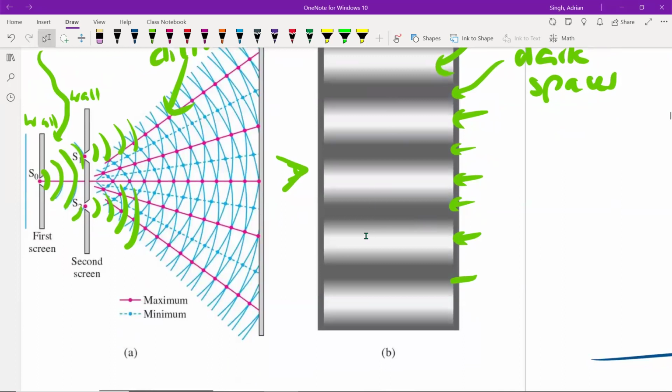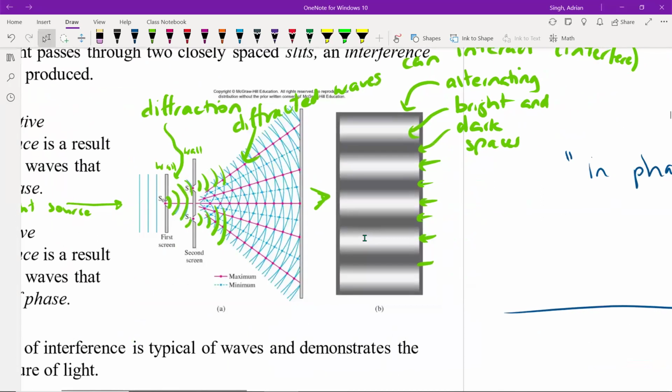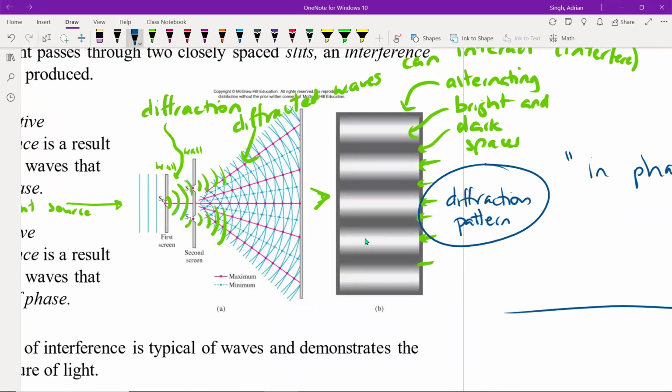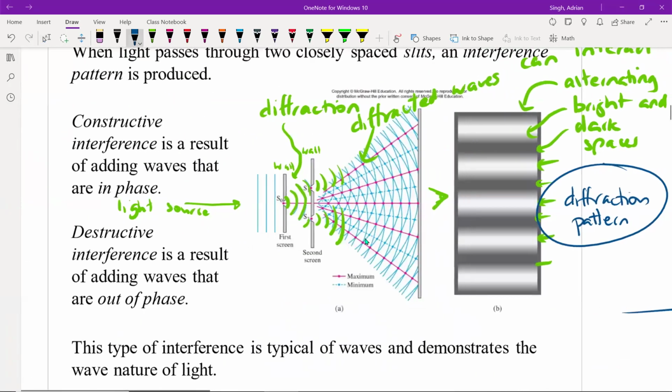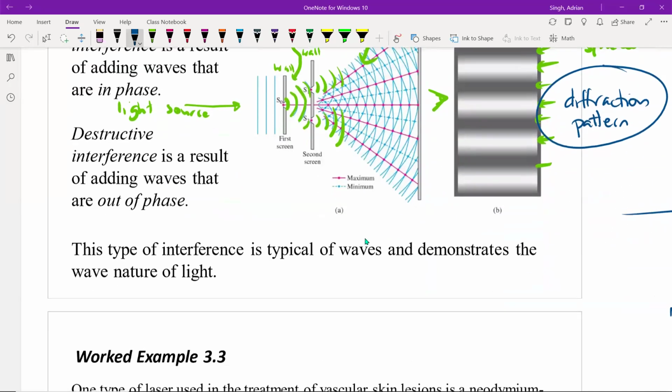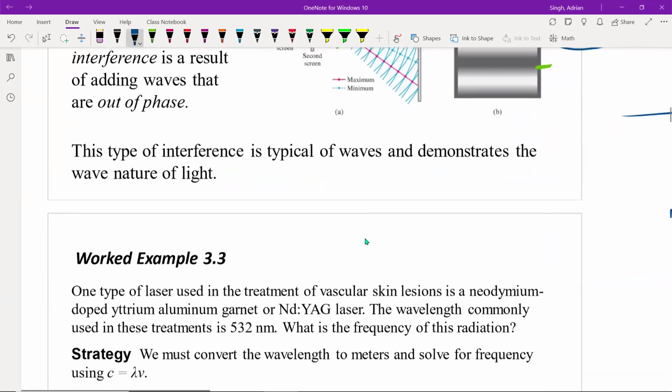If we're observing the wall, we would see that pattern, and that pattern is known as a diffraction pattern. That happens with waves. Because they were able to observe this, they were able to conclude, yes, light possesses wave-like characteristics. It's a very simple experiment, but in order to explain what's going on, we had to use what we know about waves and destructive and constructive interference.